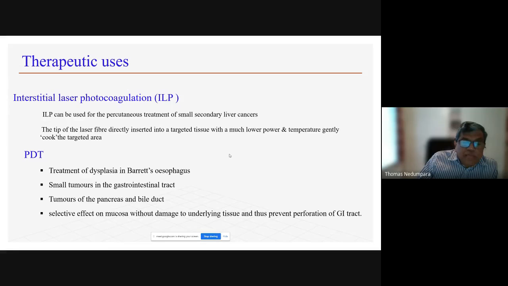The same principle can be used to remove small tumors in the gastrointestinal tract and tumors of the pancreas and bile duct. The advantage of PDT is that it has no thermal effect. It uses low energy laser, which is absorbed selectively by the sensitizing agent, which is usually protoporphyrin IX.